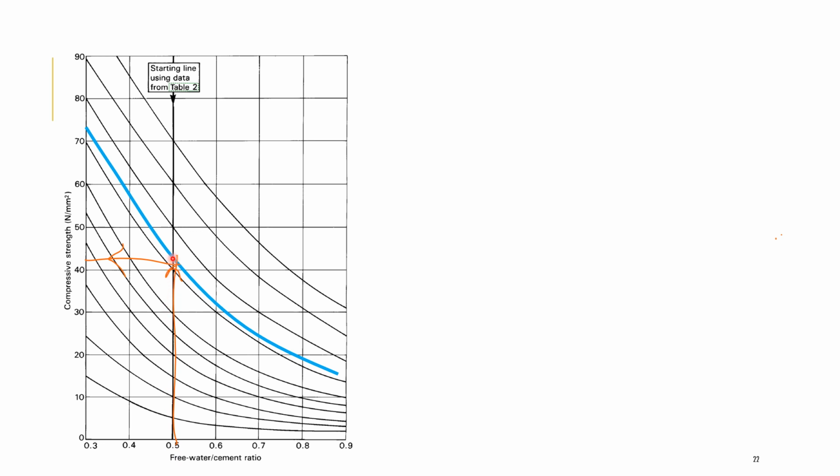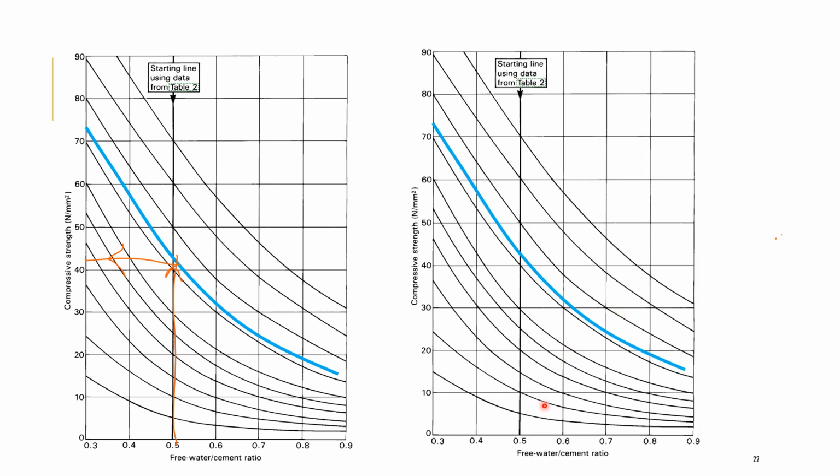Again, if I go up, hit the curve, go across, that's approximately 42, and that's from table 2. Now let's look at the information that we need to derive based on information from the client. So the target mean strength is given as 46 in our case for the example. Go across from the y-axis, that's the second step, and then go down, and that's 0.477.